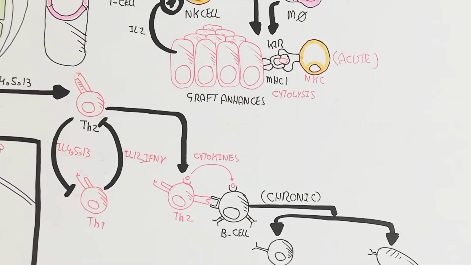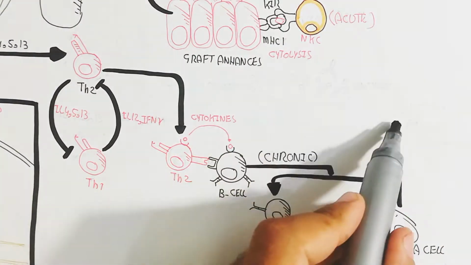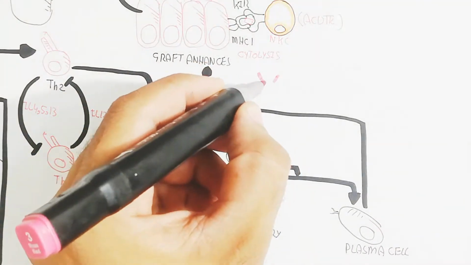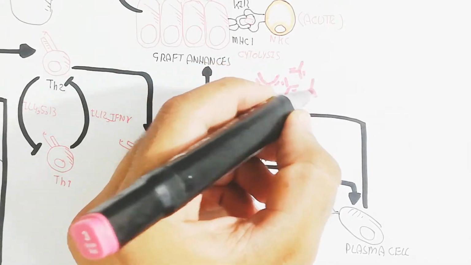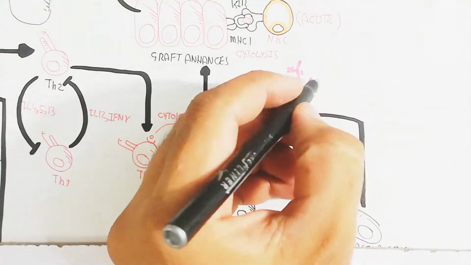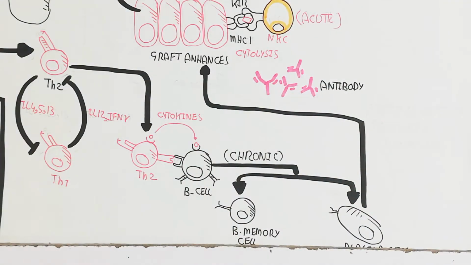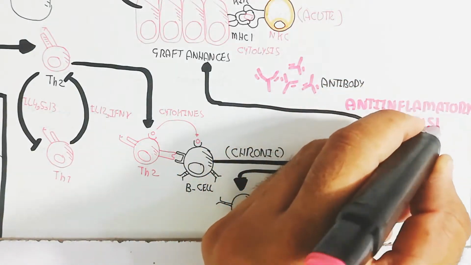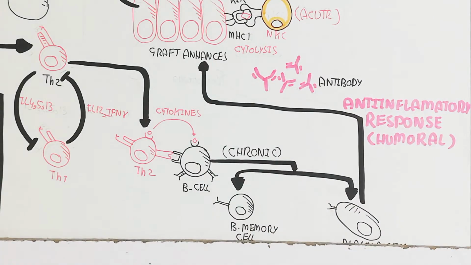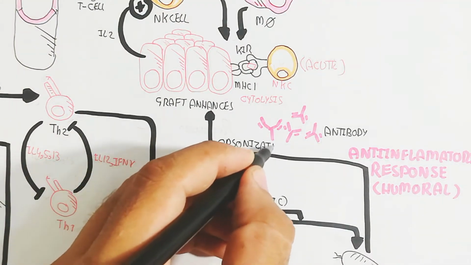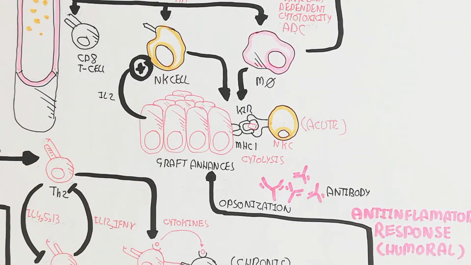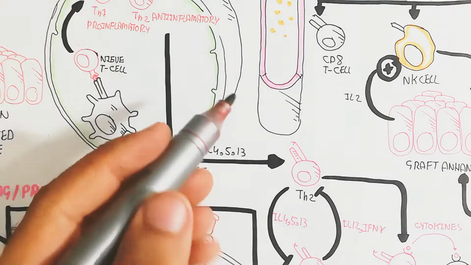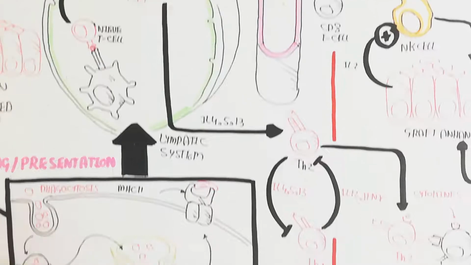This plasma cell produces a lot of antibodies against the grafted tissue, and this anti-inflammatory response is humoral, because humoral means antibodies are produced and opsonization of the grafted tissue occurs. Opsonization recruits macrophages, basophils, and neutrophils, and this is also against the graft, because the graft is an antigen if the cross match is not complete.